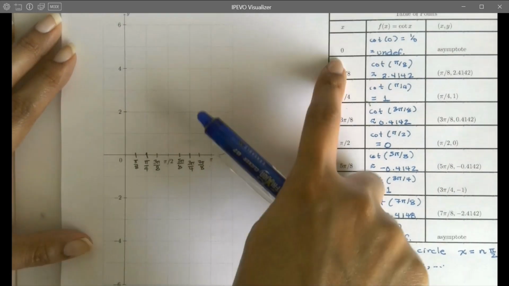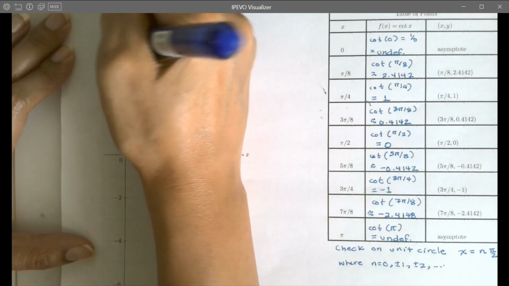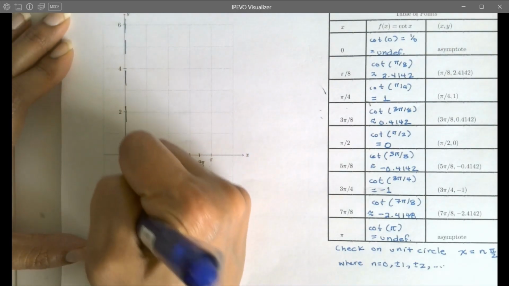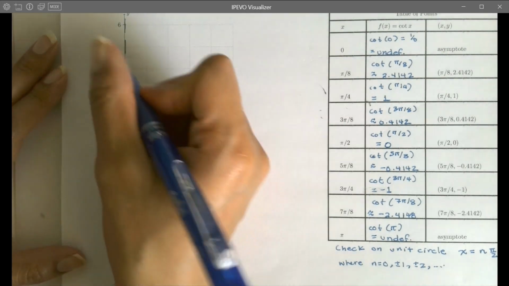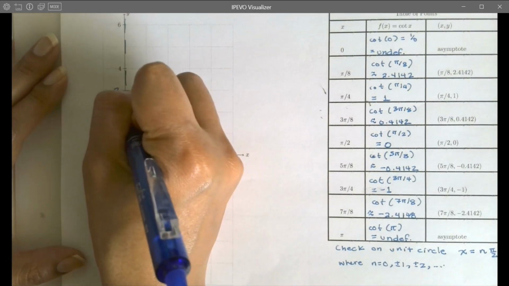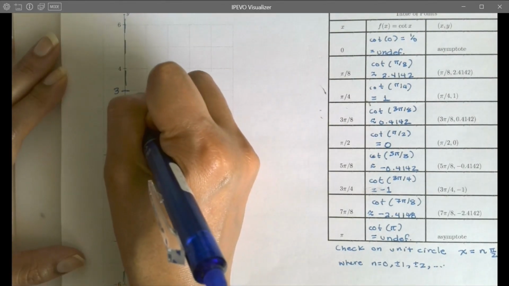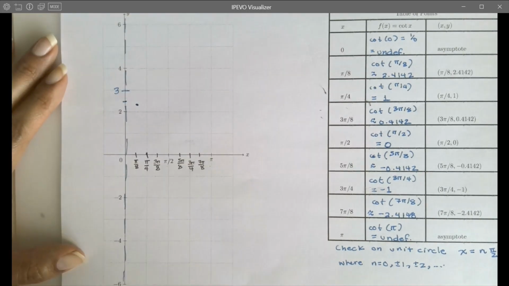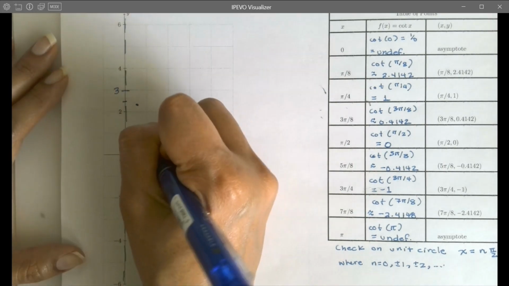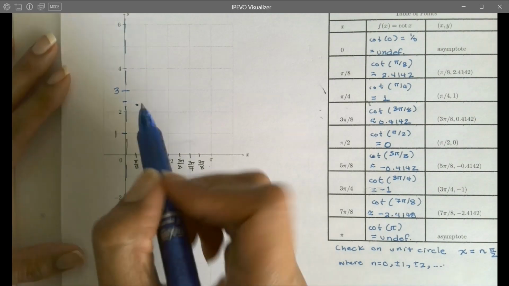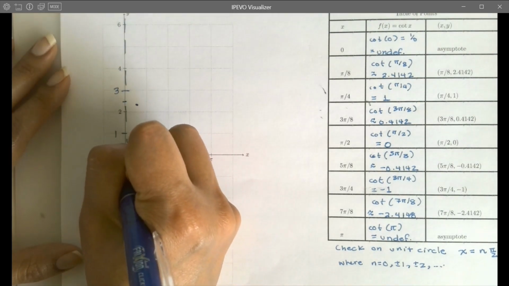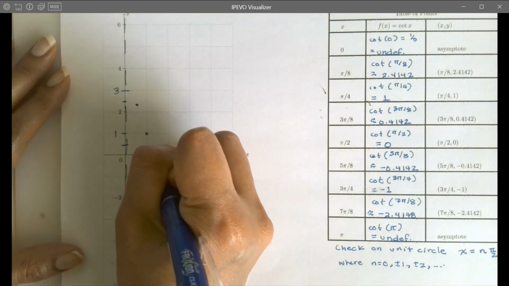Okay, so now that those are labeled in, let's plot the points. 0 corresponds to an asymptote, so we'll have an asymptote here at the beginning. Then at pi over 8, we have approximately 2.4. This is 3, this would be 2.5, so 2.4 is going to be right below that line. Then we have pi over 4, which corresponds to 1. 3 pi over 8 corresponds to approximately 0.4, so it'll be right below that line.